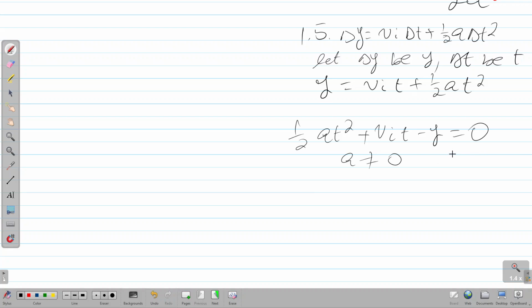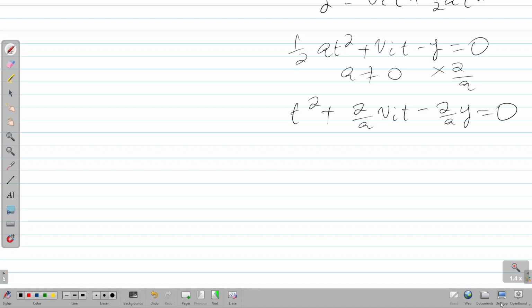So let's multiply by 2 over a. What do we get? We get t squared plus 2 over a v initial t minus 2 over a y equals 0. Okay, then you do this as you would solve for x when you're doing quadratic equations.